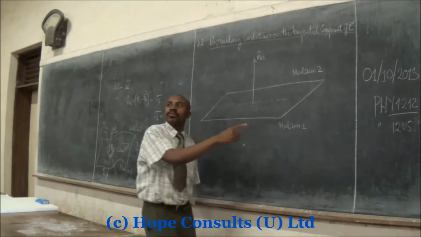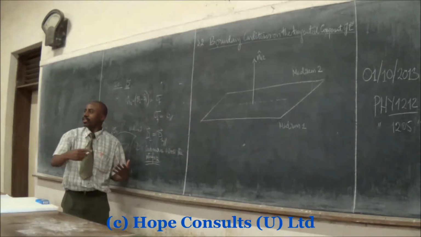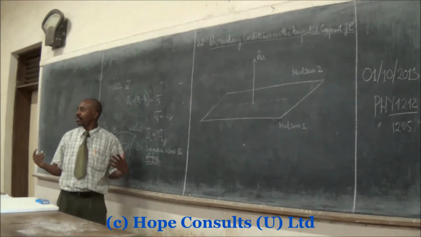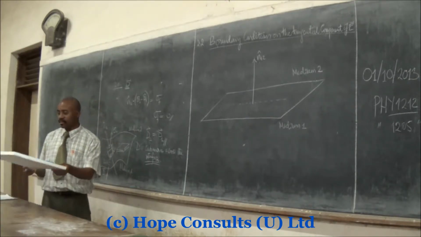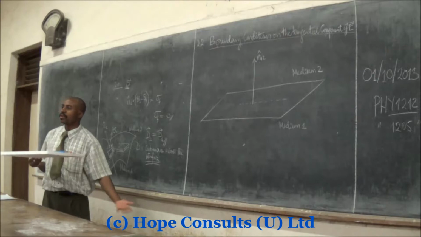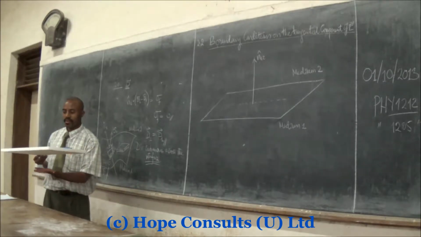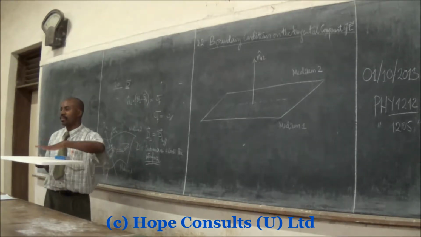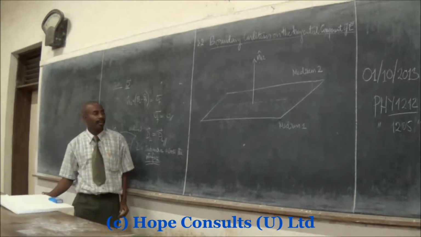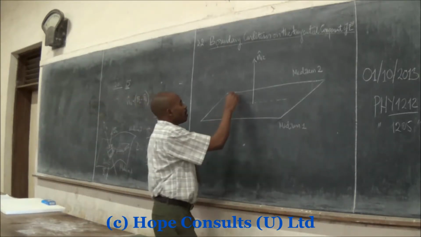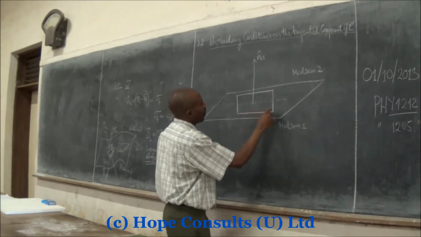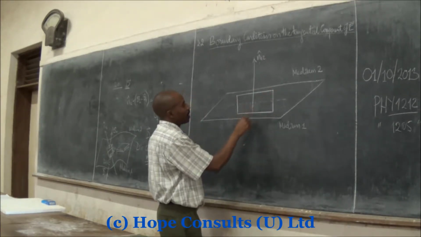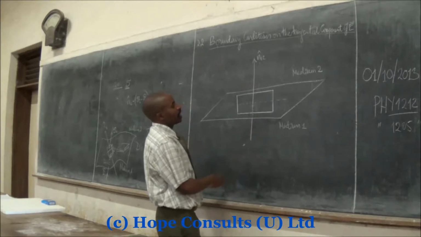As you can see when you look at it on the board, medium 1 and medium 2 do not come out easily, but when you look at them in the sense of this interface, you know that medium 1 is down here, and medium 2 is up here. And this is our stochastic loop. And I can put these dotted lines.